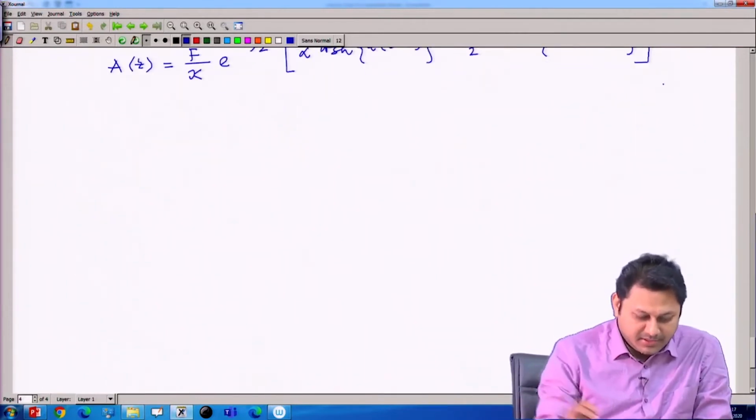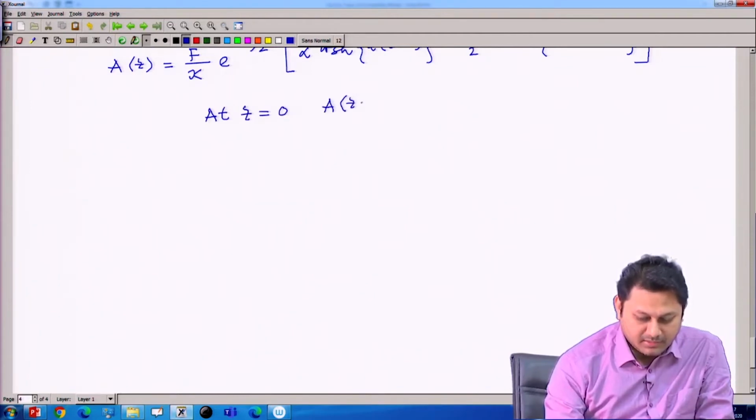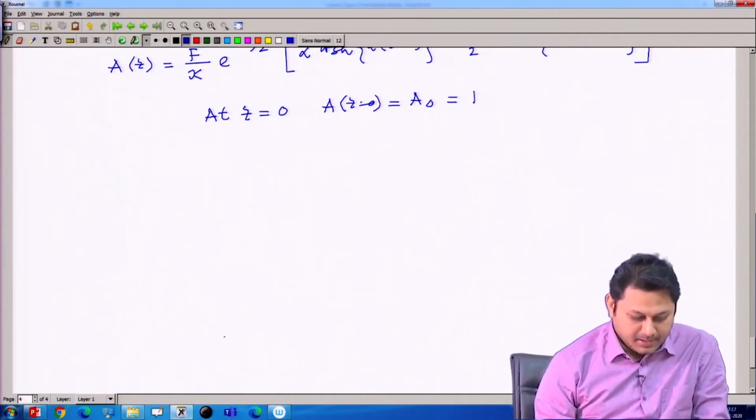Well, the boundary condition again at z equal to 0, I can have the value A(0) is equal to a 0, and without any loss of generality I can put this as 1.